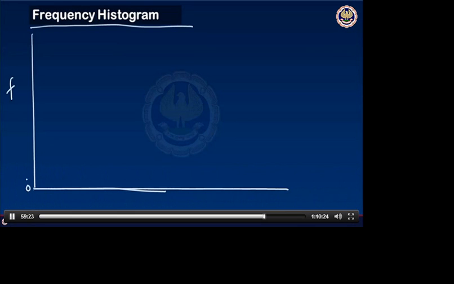So we will put this as 0, this as 2, this is 4, this is 6, this is 8, this is 10, this we'll put as 12, and this is 14. And here we are going to put the age in years.